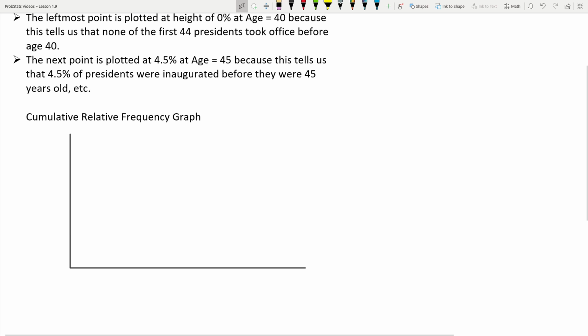All right, so on the y-axis, it's always going to be your cumulative relative frequency. And this one is expressed as a percent since we multiplied by 100. And on the x-axis, we have our age at inauguration.